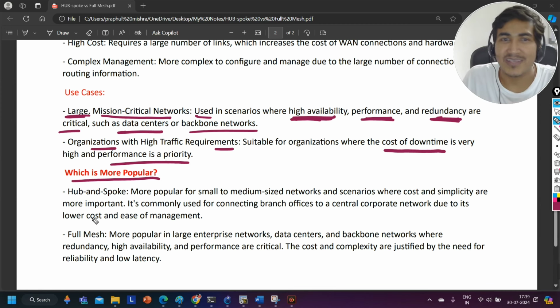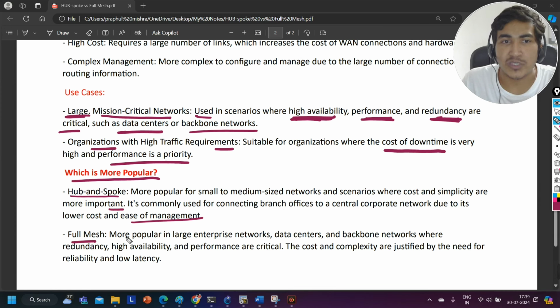Then which one is more popular? So guys, hub and spoke is more popular for small to medium sized networks and scenarios where cost and simplicity are important. It's commonly used for connecting branch offices to a central corporate network due to its lower cost and easier management.